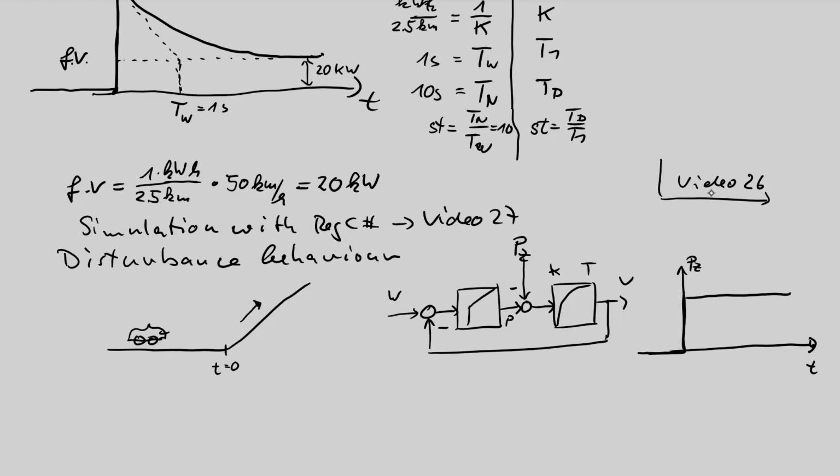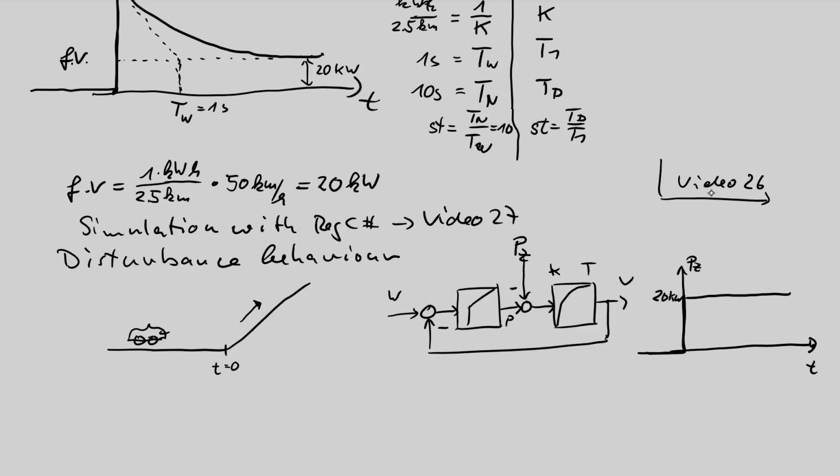I want to have a step response with an amplitude of 20 kilowatt. A fictive negative power of 20 kilowatt is subtracted from this motor if I reach this corner of the hill. Simplified. Of course, this is a bend, not a corner, but we assume that the force pulling back starts at once, like this step function. It has an amplitude of 20 kilowatt.